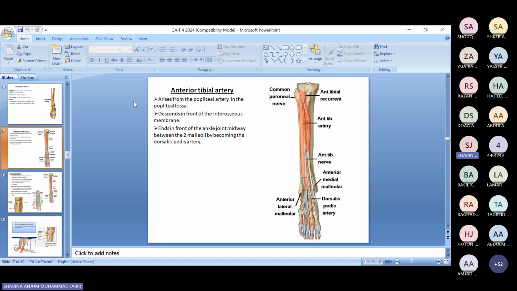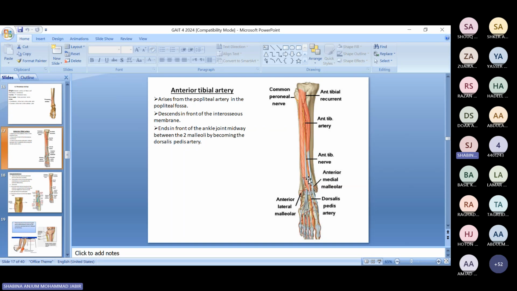Last time we saw the arteries of the lower limb. In this we saw we have the main femoral artery, which becomes the popliteal artery in the popliteal region. Then it divides into the anterior and posterior tibial artery. This is the anterior tibial artery, which is present in front of the interosseous membrane.